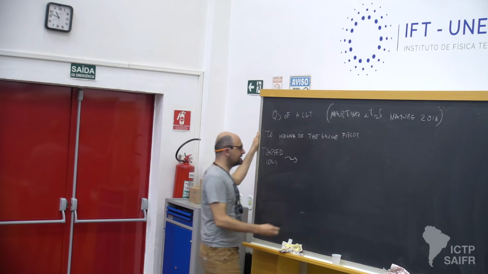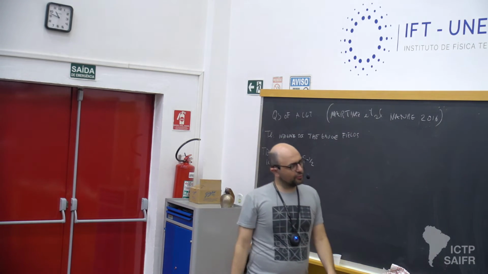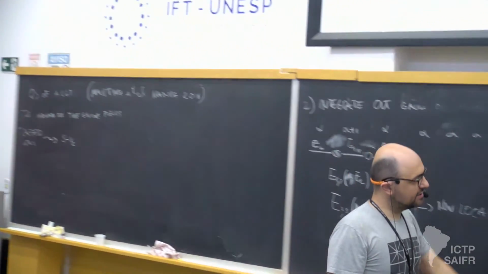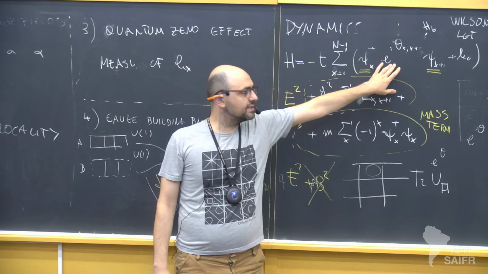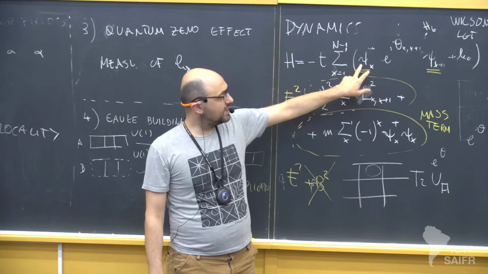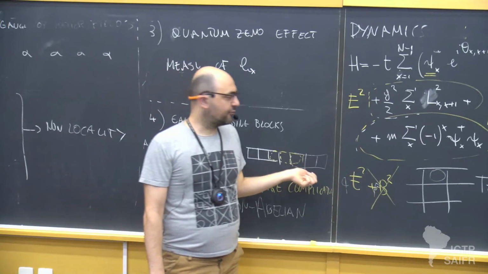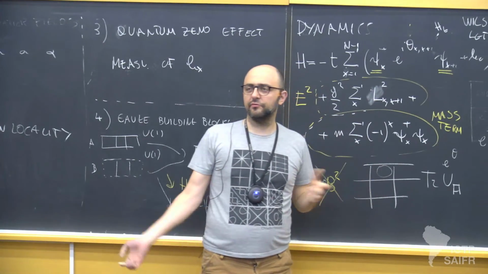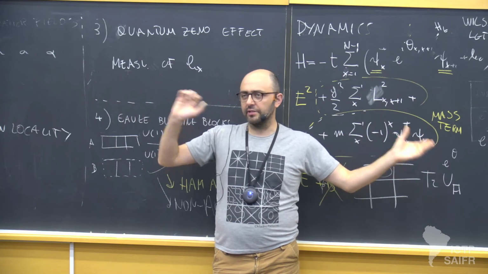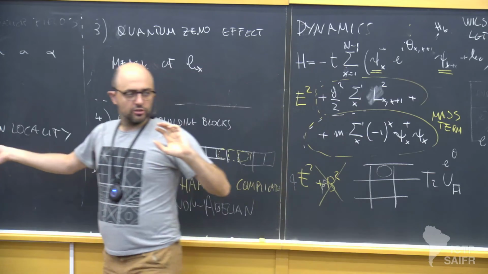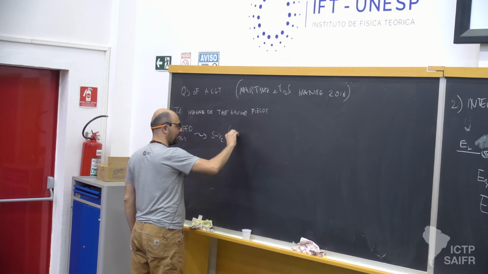So the basic degrees of freedom are spin-1/2. If you look at how we define the Schwinger model, we have these infinite-dimensional Hilbert spaces for the gauge links, but the Hilbert space for the fermions at every site is just two-dimensional. Of course, there are fermions, but there is a known transformation between fermions and spins in one dimension, called the Jordan-Wigner transformation, that maps one into the other. So this type of degrees of freedom looks perfect to represent staggered fermions.